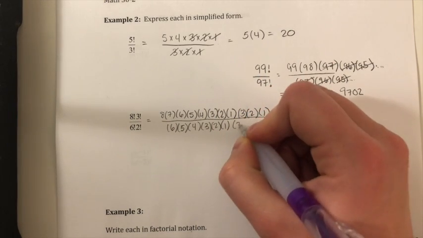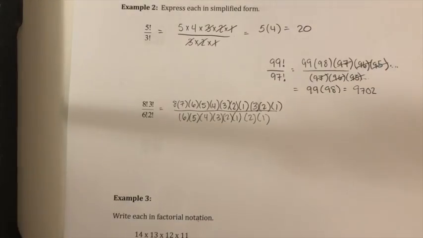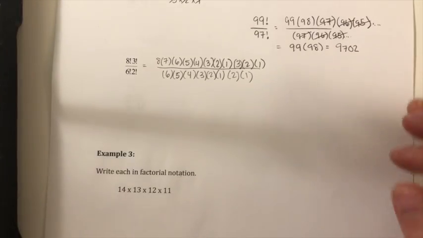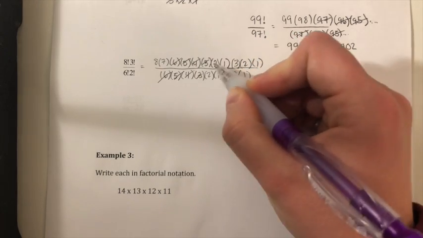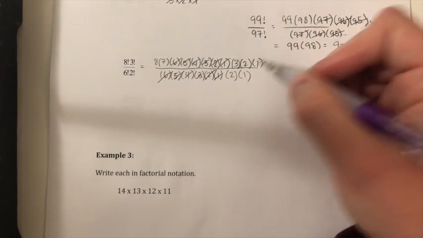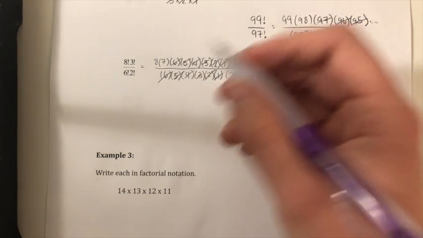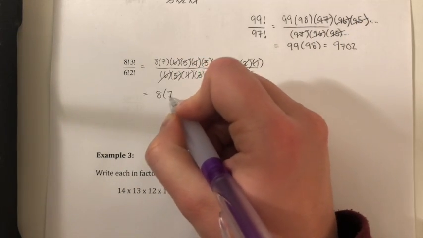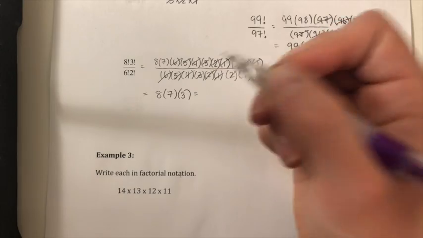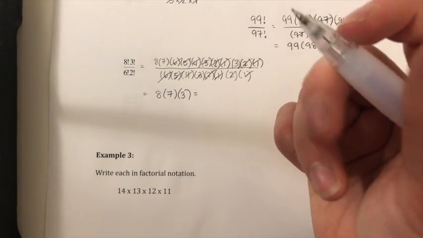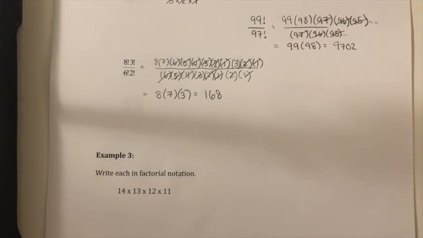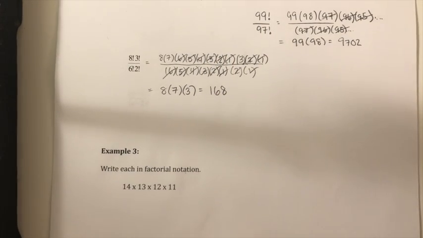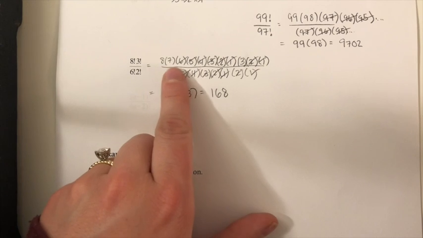And then 2 factorial is 2 times 1. So then we can look at how many of these we can cancel. The 6s, the 5s, the 4s, the 3s, the 2s, the 1s, and then the 2 and the 1. So we just have 8 times 7 times 3. And when we calculate that, we get 168. Okay, so it's handy to know how to expand these things.